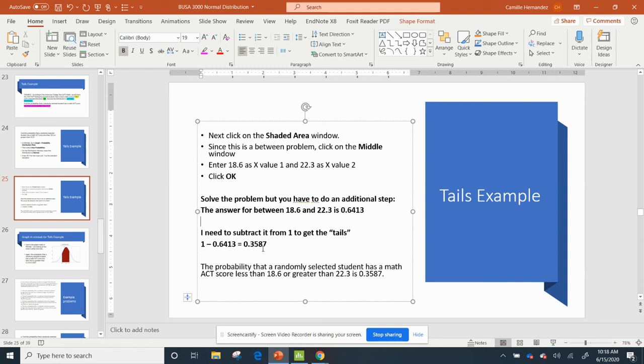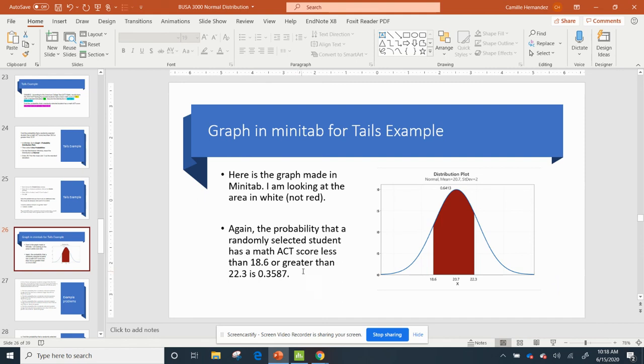So the probability that a randomly selected student has a math ACT score less than 18.6 or greater than 22.3 is 0.3587. So there I have it. I have the answer, and I have it here for you on the slide. But again, I'm not looking at the red, I'm looking at the white portions of this.